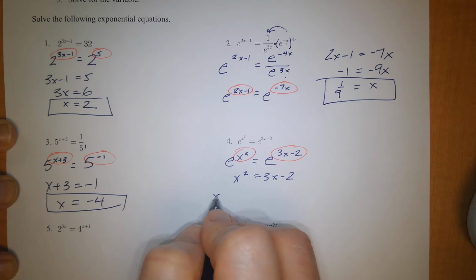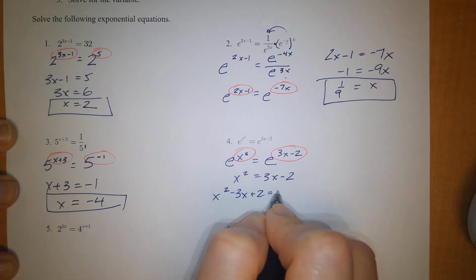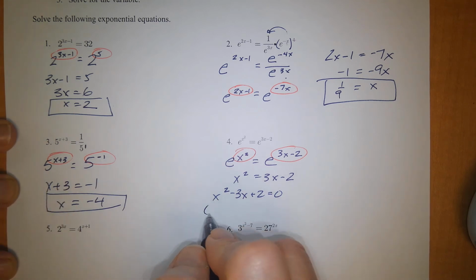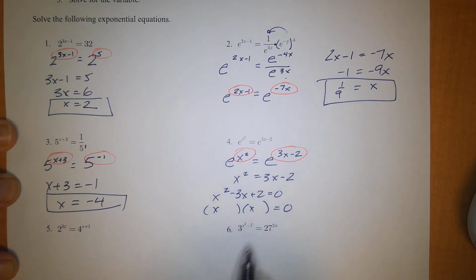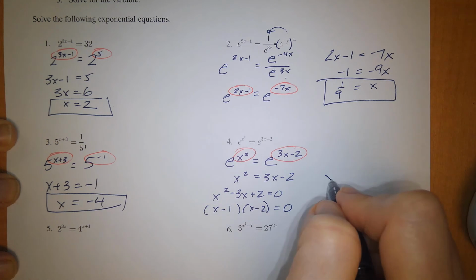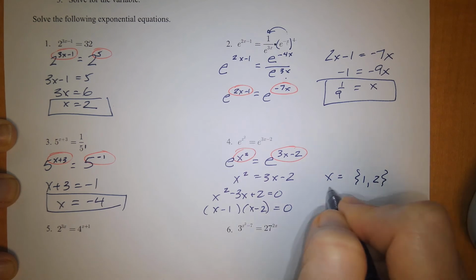So I'm going to have a quadratic. In order to solve quadratics, you can either factor or use the quadratic formula. I'm going to factor: x minus 1 and x minus 2, which means x equals 1 and 2.